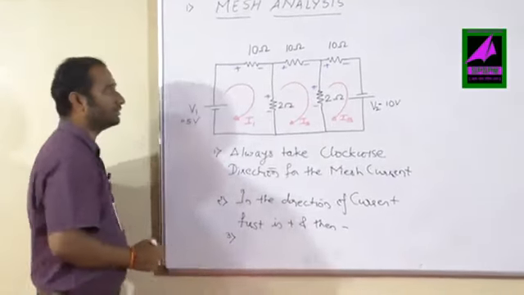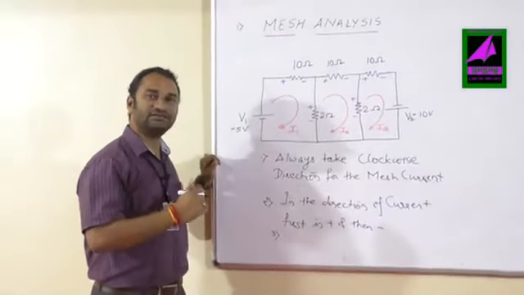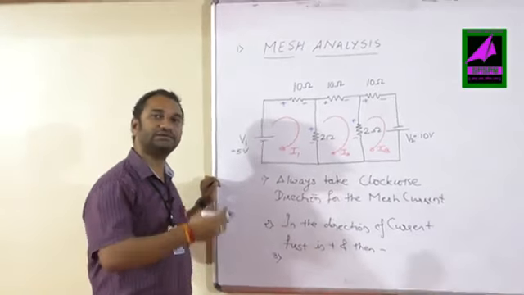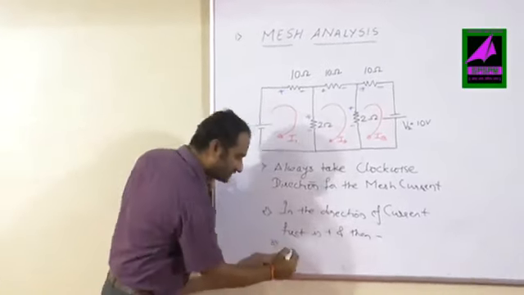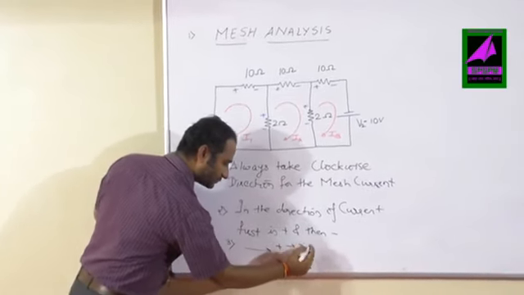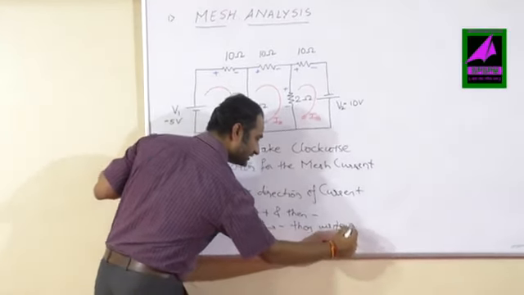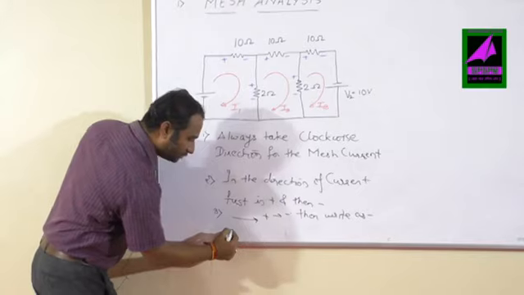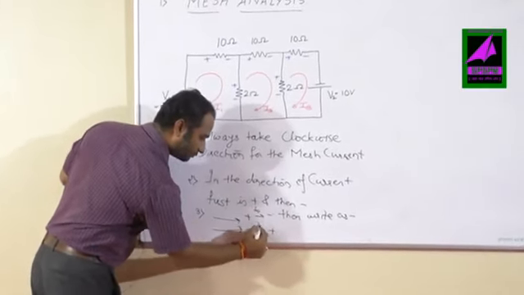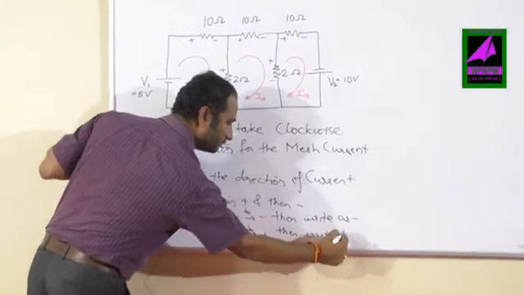Third rule is, whenever I move from plus to minus, while writing the equation, I will consider it as minus. Whenever I am moving from minus to plus, I will take it as plus.